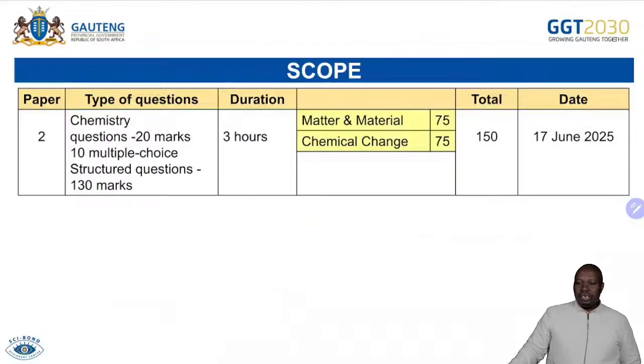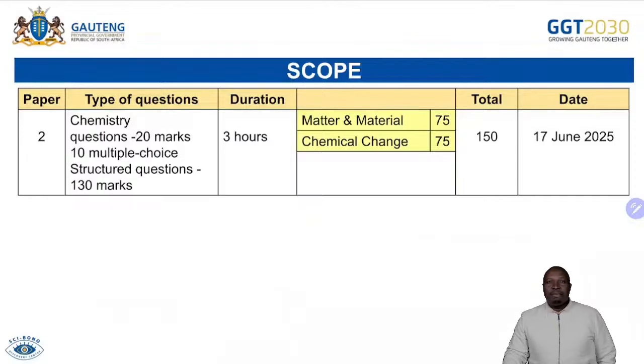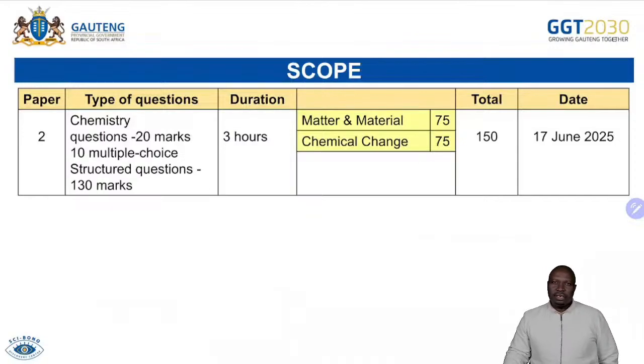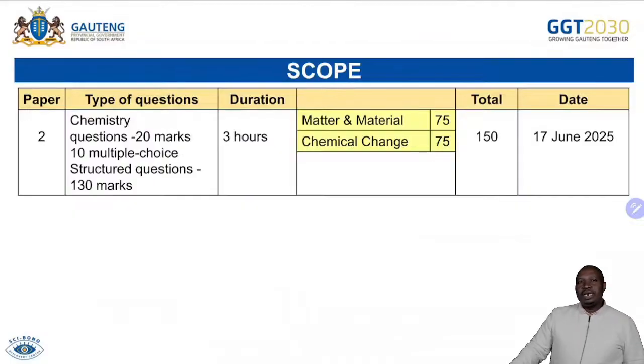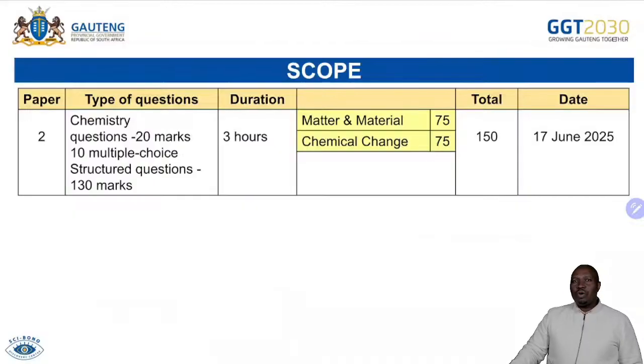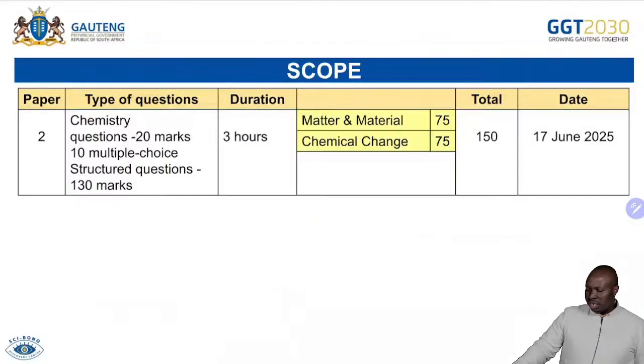You are having chemical change as well, which is half of that particular paper. Remember, when you say chemical change here, we are referring to rates of reactions, chemical equilibrium, and acids and bases. And this will include your stoichiometry as well as your energy change, which is what you have done in grade 11.